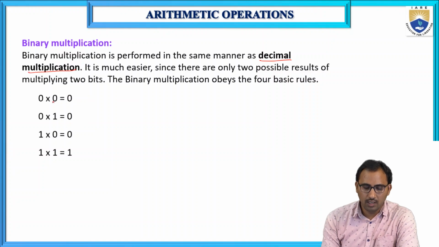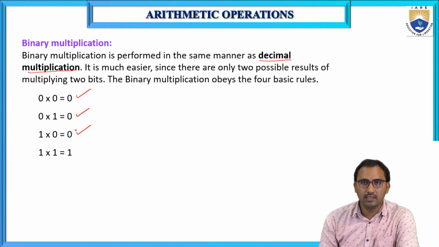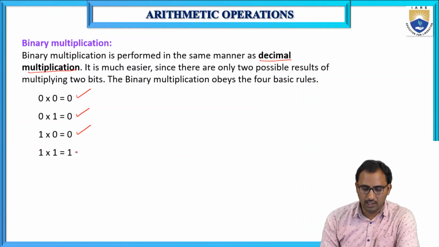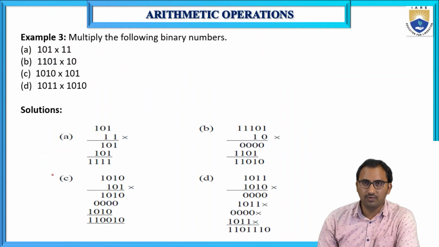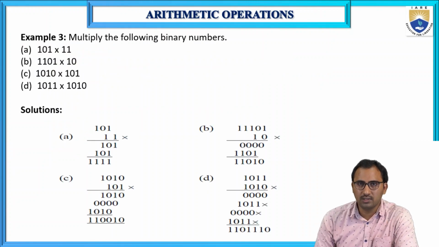First, 0 multiplied with 0 gives 0. 0 multiplied with 1 gives 0. 1 multiplied with 0 gives 0. So if you multiply anything with 0, it gives 0 as the output. And when you multiply 1 with 1, it gives output as logic 1.